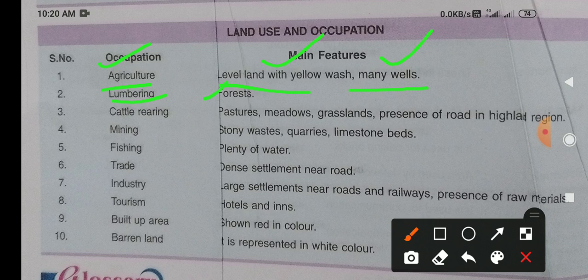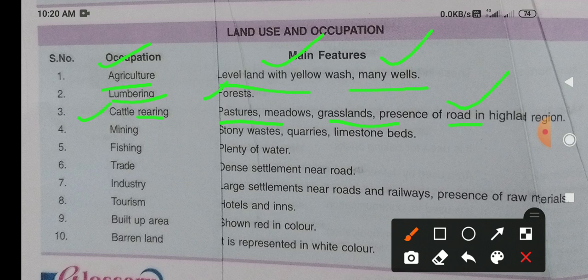So wherever forest is available in that area, this lumbering activity is done. Now cattle rearing: pasture, meadows, grassland, presence of roads in highland region are the signs and symbols identifying cattle rearing occupation.